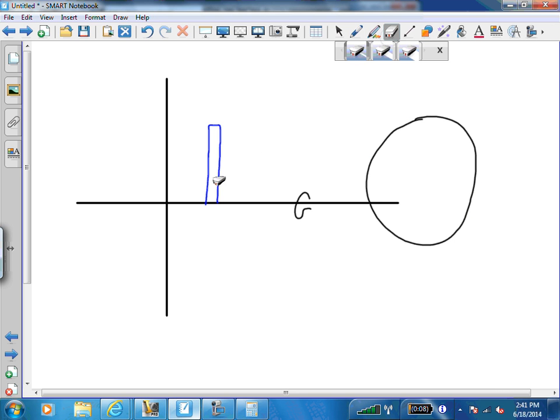Well, if I take a little bit out of this and still rotate it around the x-axis, if this is the center of our rotation, and this is the top edge, we're going to have a hole in here. And if that's just a sample element, that's basically going to look like a washer.